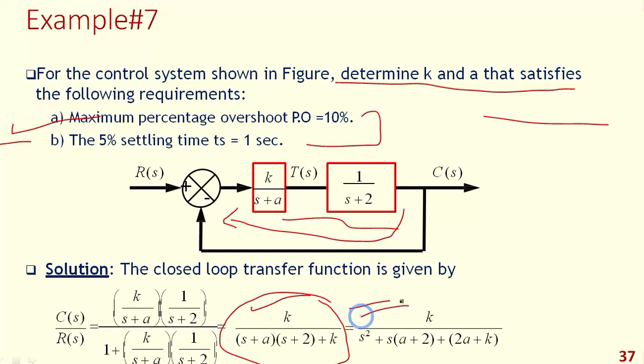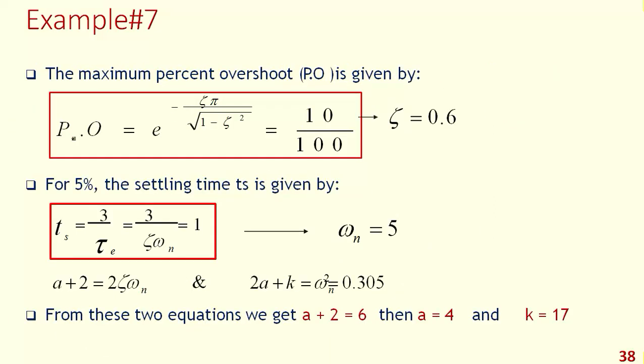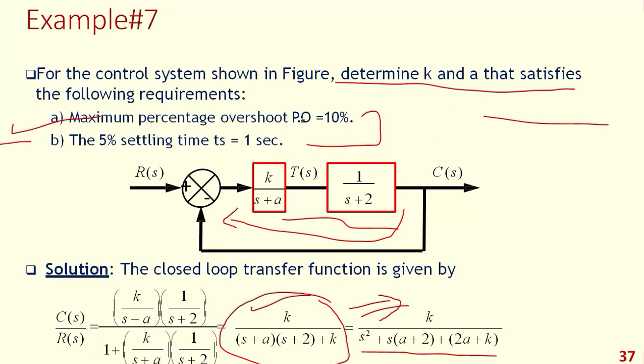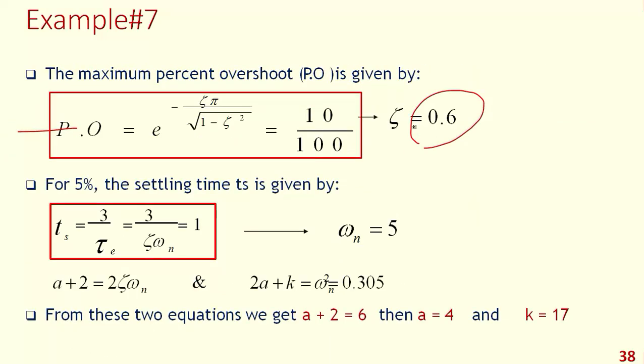If I rewrite the equation in the standard form, k divided by s square plus s into a plus 2, plus 2a plus k. The peak overshoot is given as 10%, that is 10 by 100, so we get 0.1. From this equation you have to find the value of zeta.